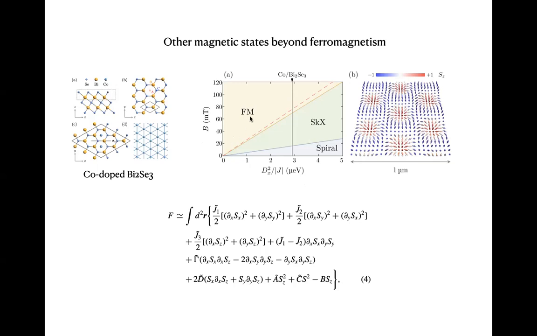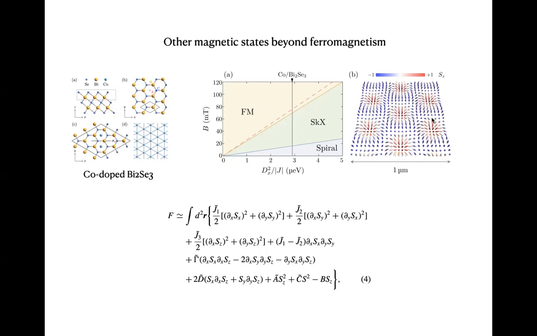One finds, in addition to simple ferromagnetism, there exist two different kinds of magnetic order. One is the skyrmion crystal. The other is the spiral magnetism. And the cobalt-doped bismuth selenide is sitting along this axis. That means we can have access to ferromagnetism, skyrmion crystal, and spiral states when we tune the magnetic field.